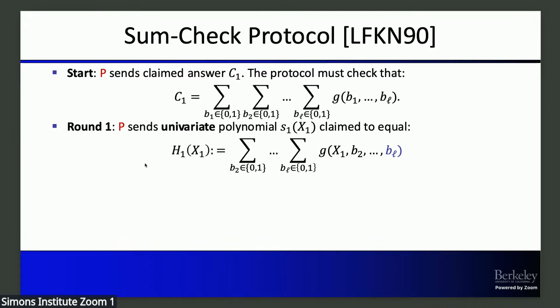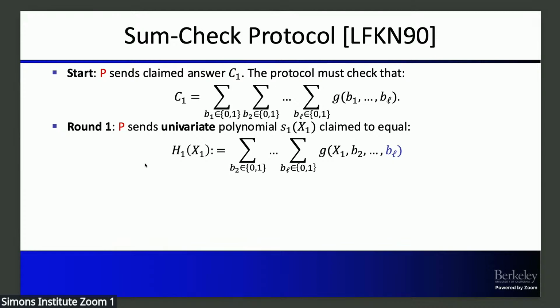It's still a big sum, but every term in the sum is a low-degree univariate polynomial. Let's say G has degree 2. Every term in the sum is a degree 2 univariate thing, so if I sum up a trillion of them, I just have a degree 2 univariate polynomial with 3 coefficients. So the prover sends 3 coefficients to the verifier specifying S1, which is claimed to equal H1. Questions about this? That's round 1.